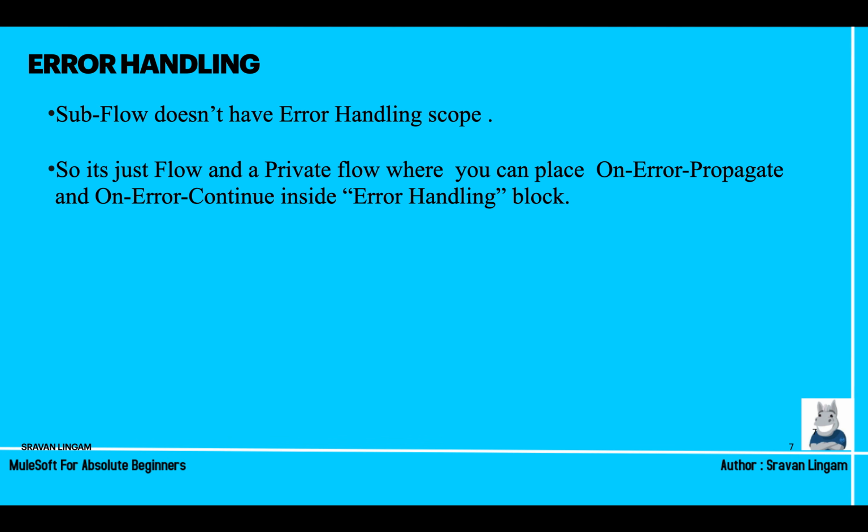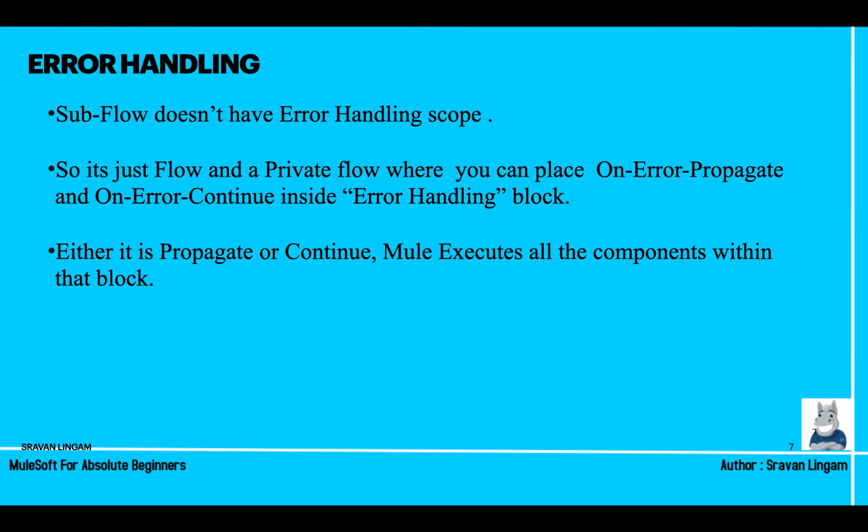You must have seen the error handling area in our previous sessions, but we never used it because we have a separate error handling session. There are only two scopes we can place: On Error Propagate and On Error Continue.